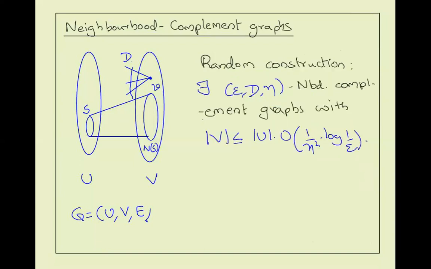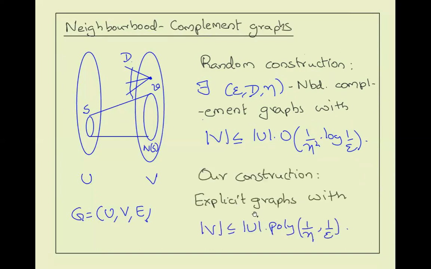On the other hand, a simple randomized argument tells us that there exist neighborhood complement graphs where the size of V is not much bigger than the size of U. It's the size of U times some polynomial in 1 over eta times log 1 over epsilon. And what we do in this paper is to give an explicit family of graphs where the size of V is the size of U times a polynomial in 1 over eta times a polynomial in 1 over epsilon.